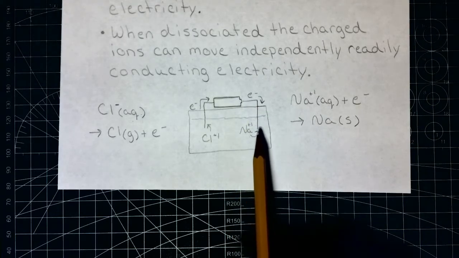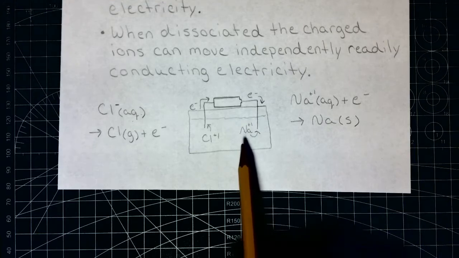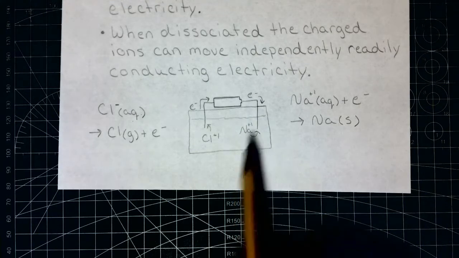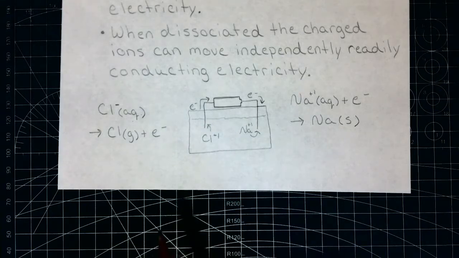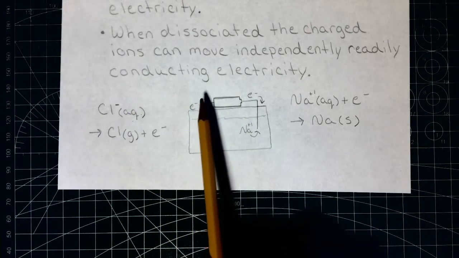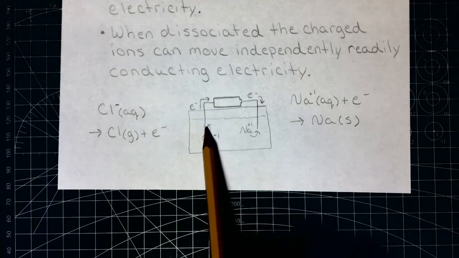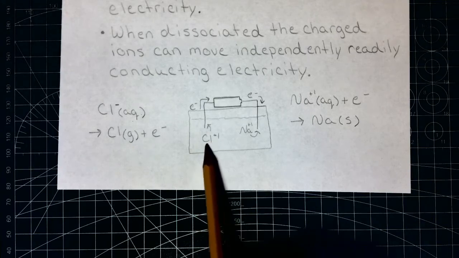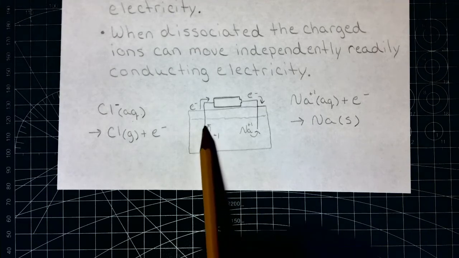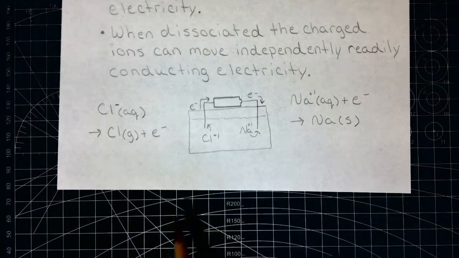A negative charge is going to build up here. And the positive sodium ions are going to go to that end. Over here, we're going to be drawing electrons away from it. We're going to develop a positive charge at this tip here. And the negative chloride ions are going to go to there.